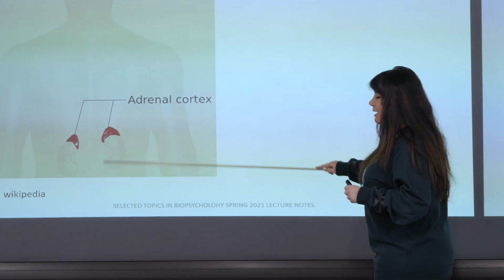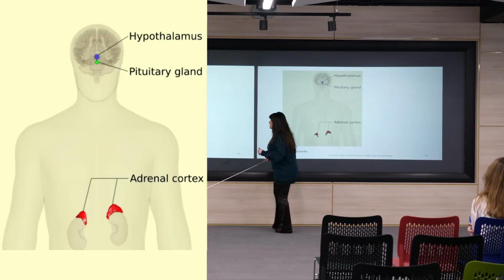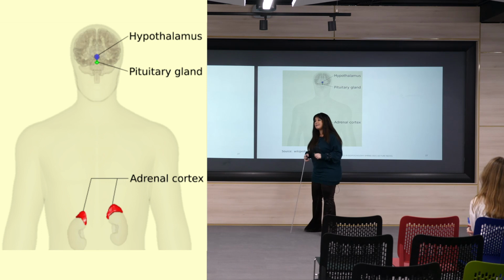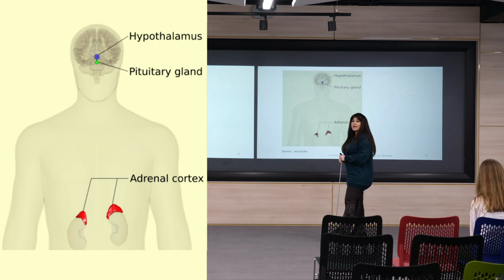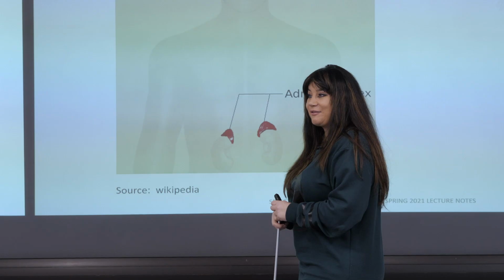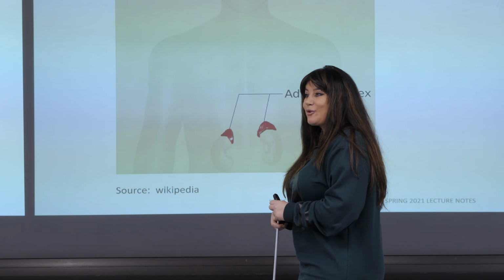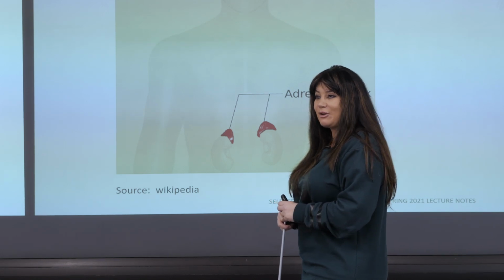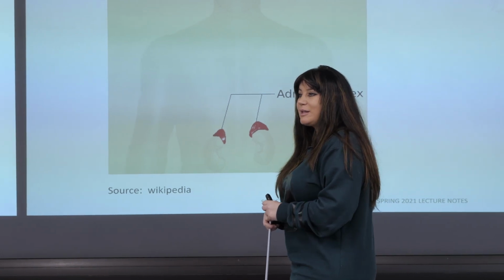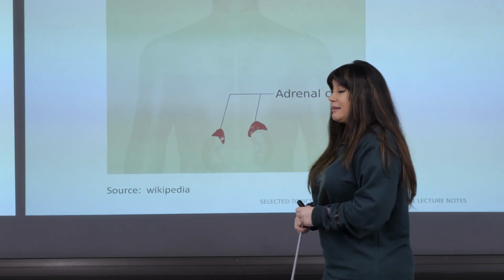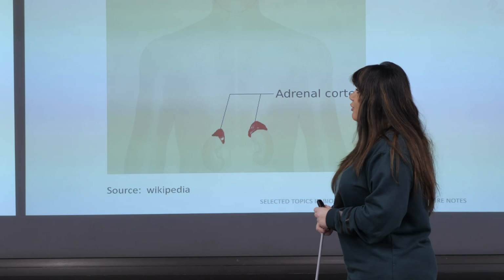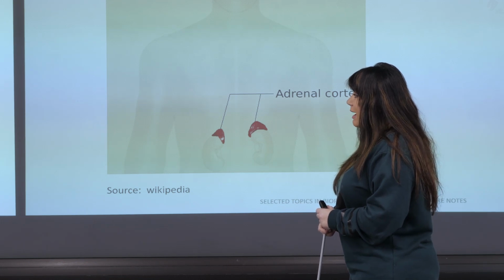These are the main structures that mediate the basic stress response. The stress response is a natural phenomenon. It is good because it helps us survive. But when it gets out of control, it can become a pathology. It's a natural response, but if it becomes chronic, it can be devastating for the individual's health, all right?